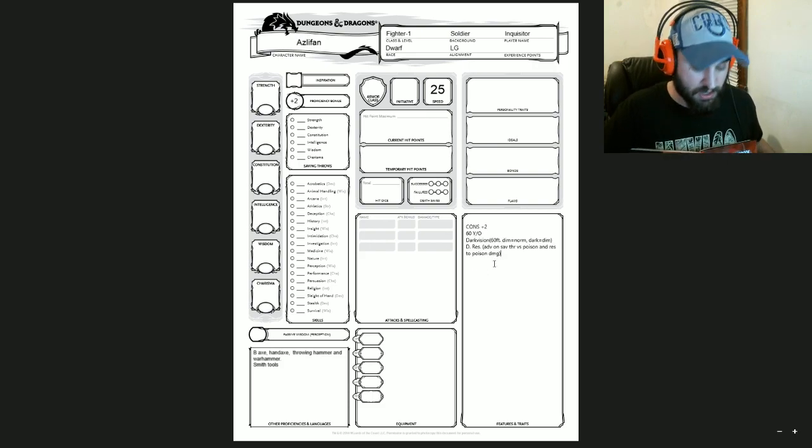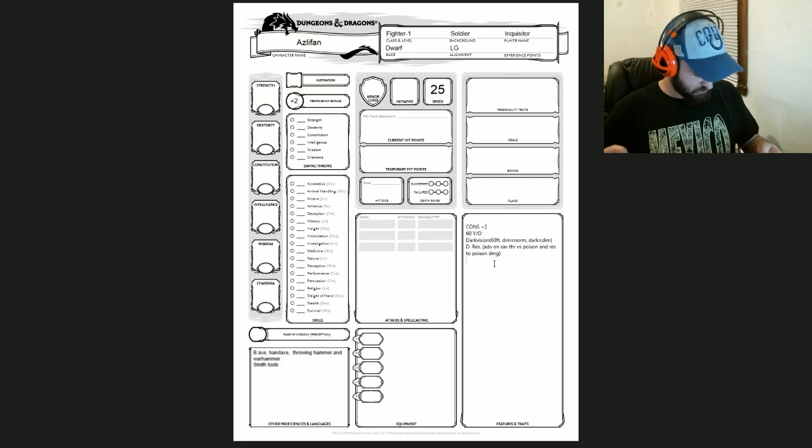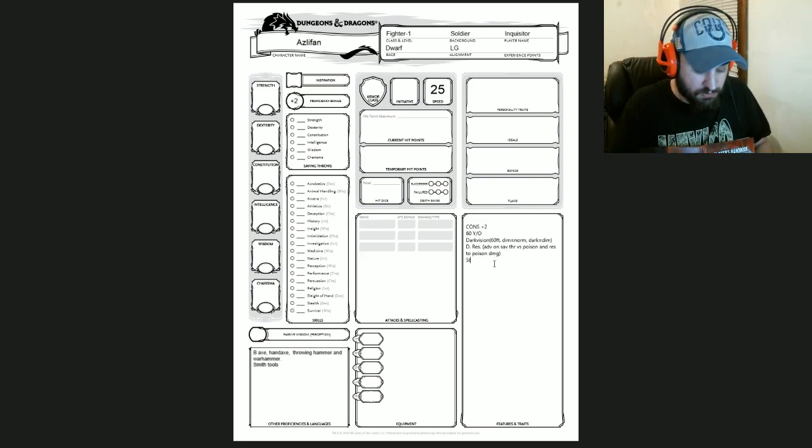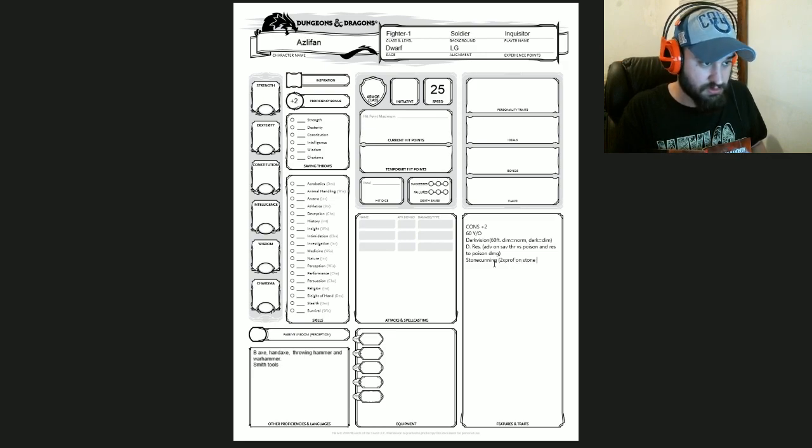So we had a proficiency in stonecunning. Since I already know what stonecunning is, I will just mark it like this, okay? But you can very well just put double proficiency, 2 times prof, on stone history checks. There you go.